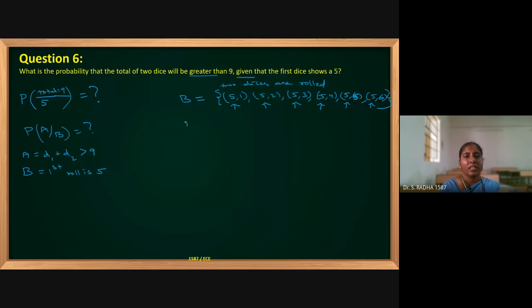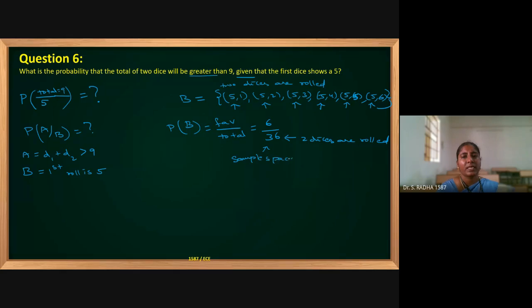Now the probability for B is favorable outcomes by total outcomes. Favorable outcomes is 6. Total outcomes we know is 36 when two dice are rolled. How has this 36 come?